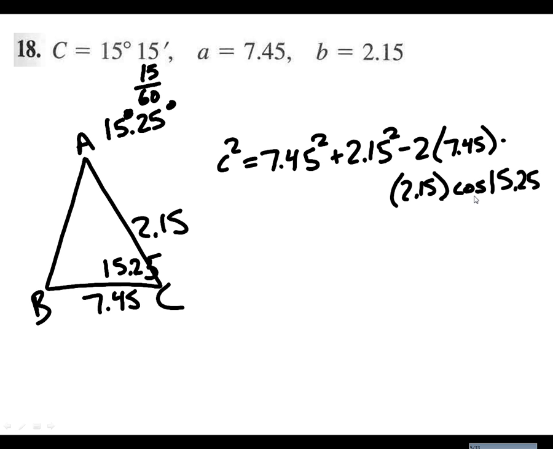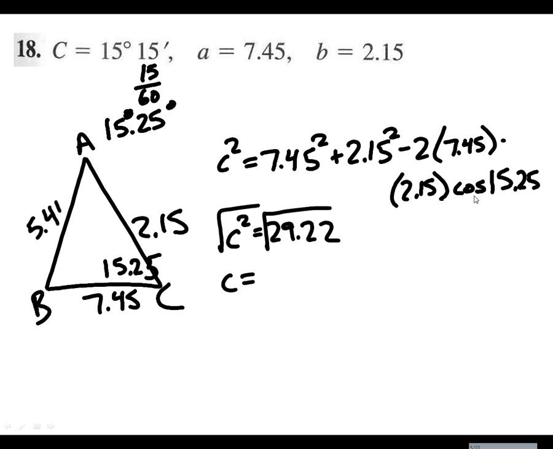I get 29.22 for c squared. Let's square root both sides and find c, and I get 5.41 for c. Side c, not angle C.